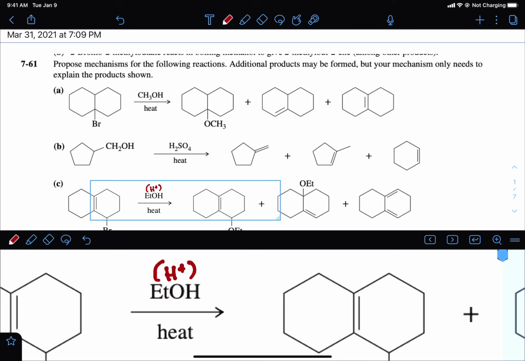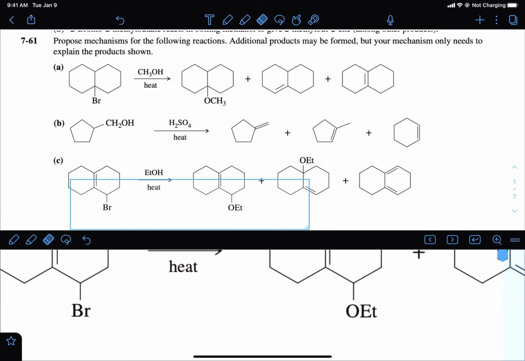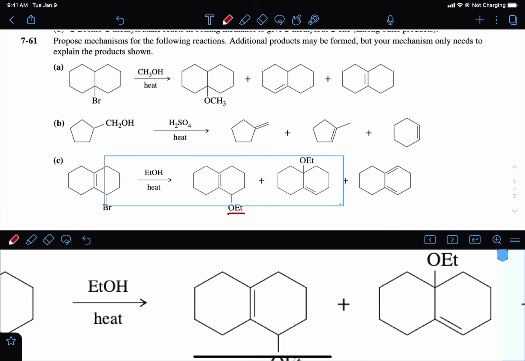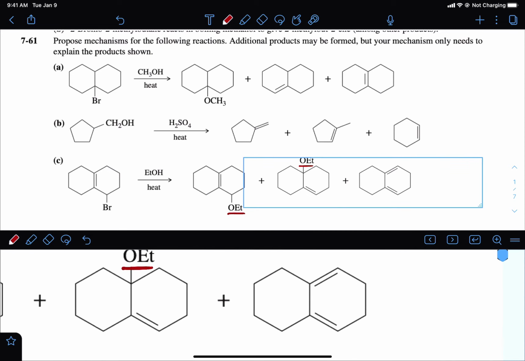In our previous problems, we had acid here. But in this case, they're not giving us acid, but we can kind of imagine as if we did. Notice that the location where the OEt ends up is different in a couple of cases, and we also have a double bond.